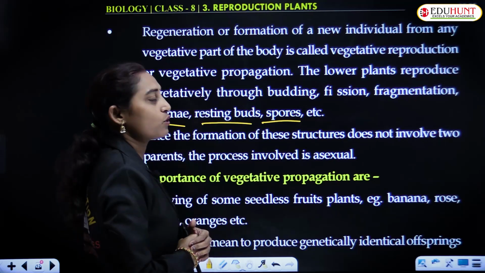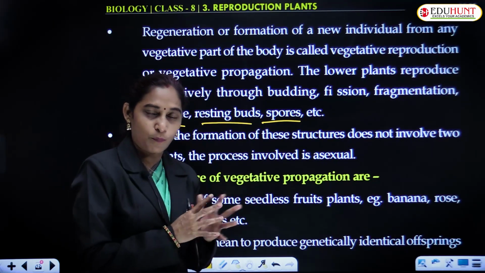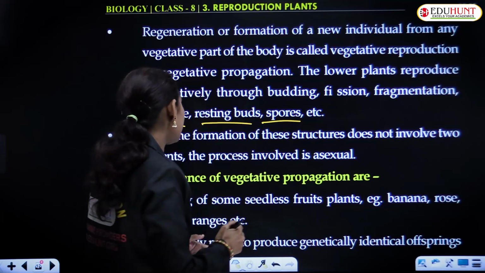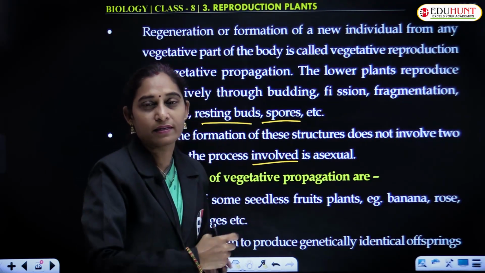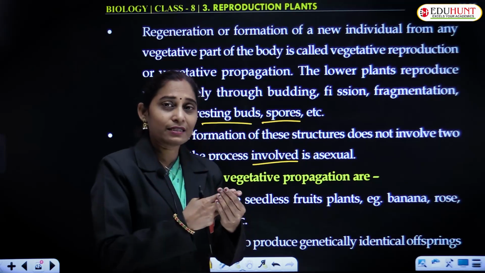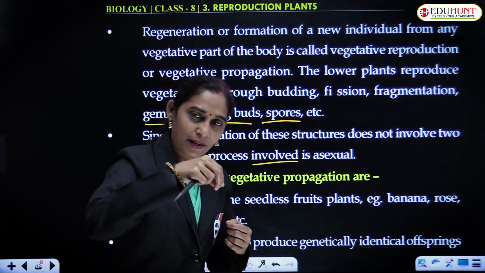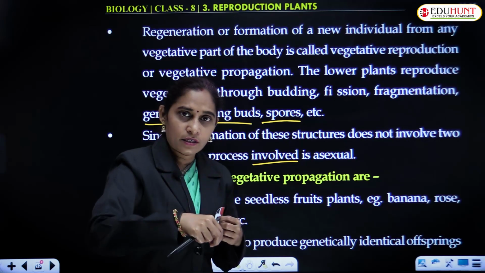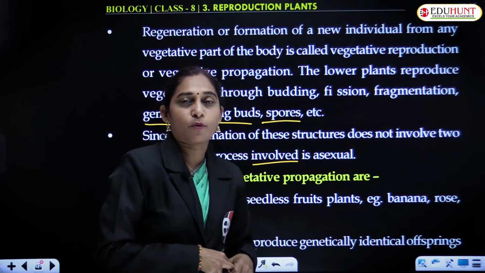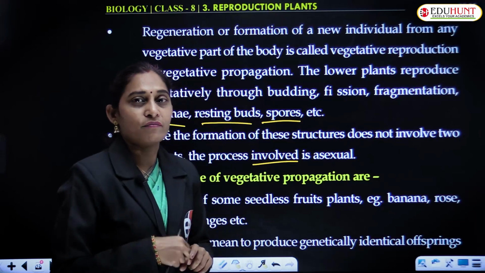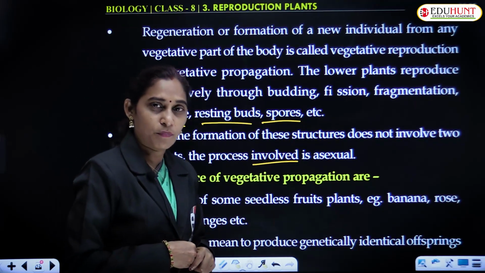Since the formation of these structures does not involve two individuals, two parents, it is called asexual, and only one individual or one parent is involved. If we cut the rose twig into pieces and place the rose cuttings in soil or sand, and if we give proper irrigation, supply water and minerals to it, it will germinate and produce the new plant.